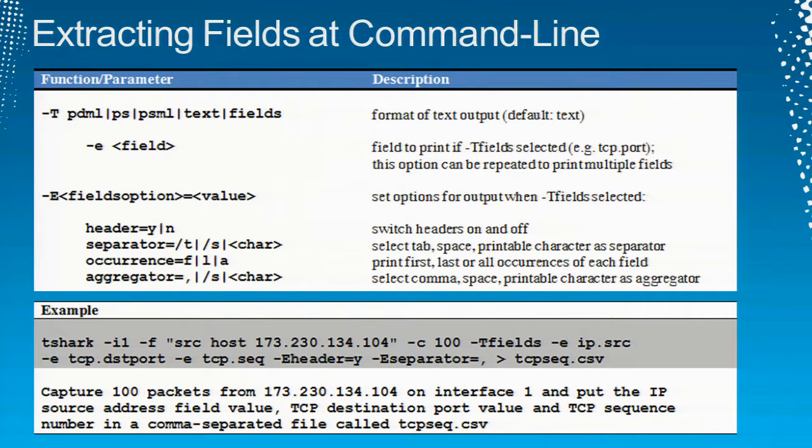I'm interested in the IP source address field and the TCP destination port field and the TCP sequence number field. I want you to put in column headers, which say those are the 3 fields I'm interested in, and I want you to use a comma separator and export everything to a CSV file called tcpseq.csv.